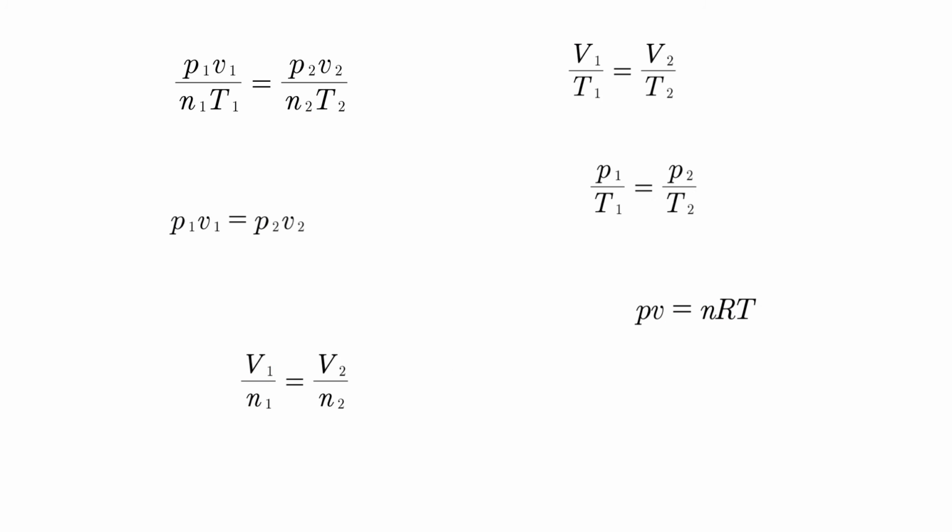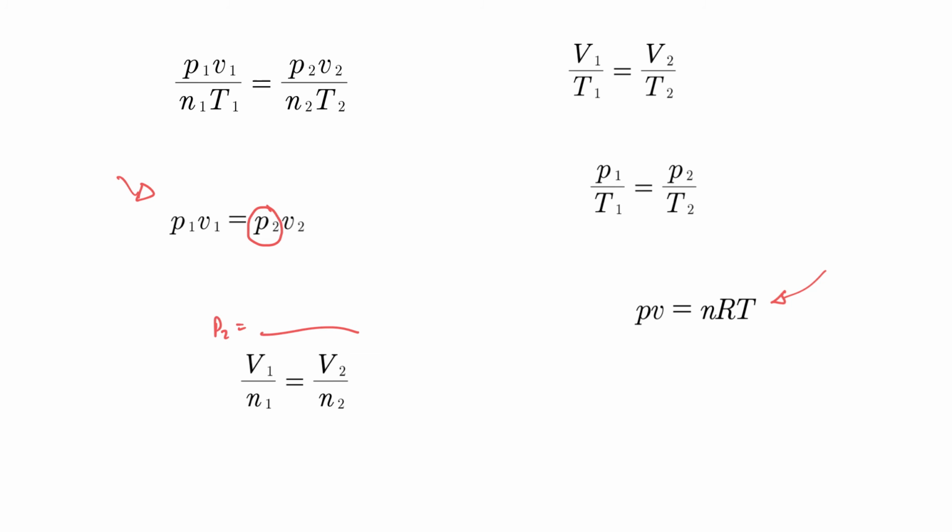Now, just as another thing, a number of people have been wondering how to manipulate formulas, and just to make sure that you're doing it correctly. We've already done some in this video using the ideal gas law, but let's try picking any other formula. Let's pick Boyle's law, and say I want to solve for P2. Solving for that means at the end I want P2 equal to something.